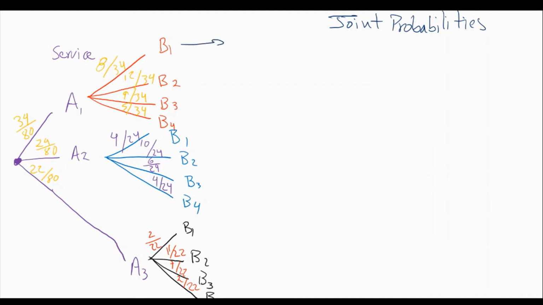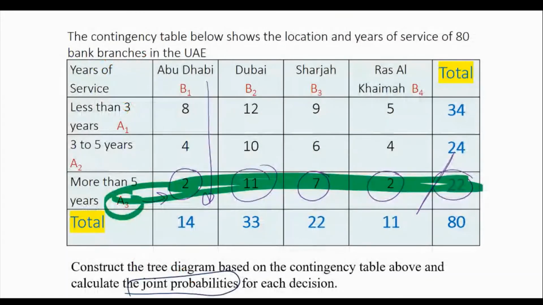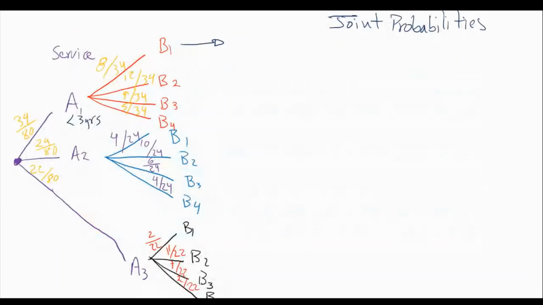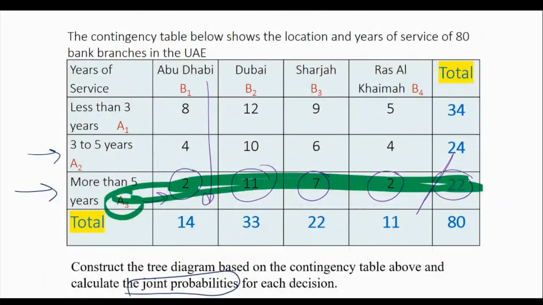For example, the probability of an event, remember this is years of service, A1 means less than 3 years of service. Okay, A2 meant 3 to 5 years of service, and A3 meant, I keep showing you the answer, more than 5 years.